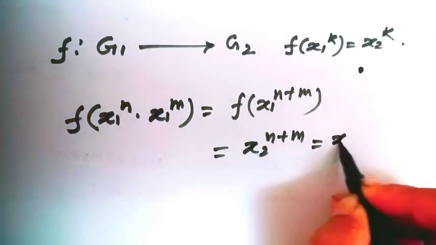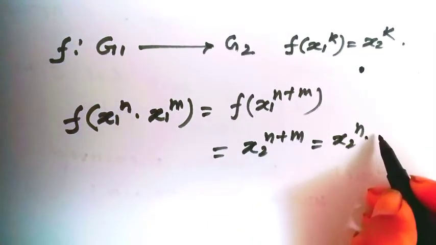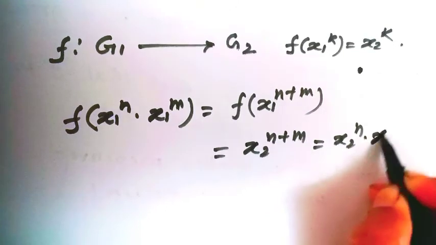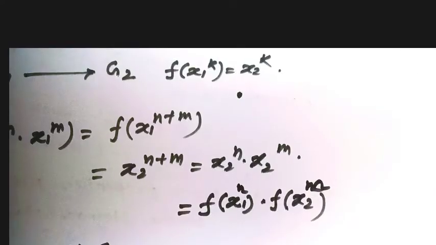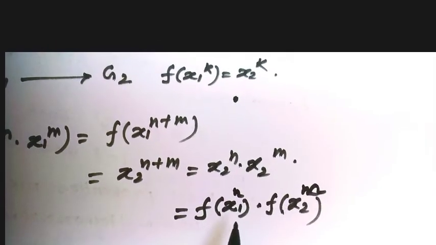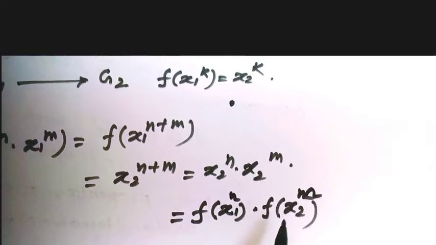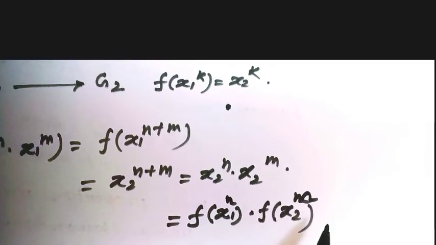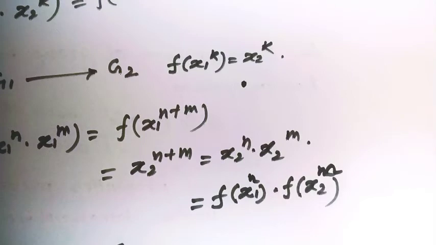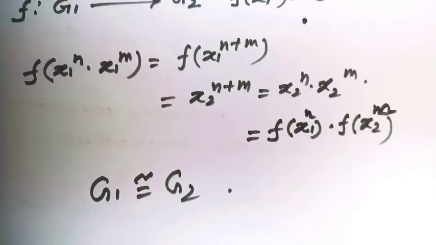This is equal to x2 to the power n times x2 to the power m, which is f of x1 to the power n times f of x1 to the power m. So this is a homomorphism, and this map is always a well-defined bijection. Okay, so G1 is isomorphic to G2.